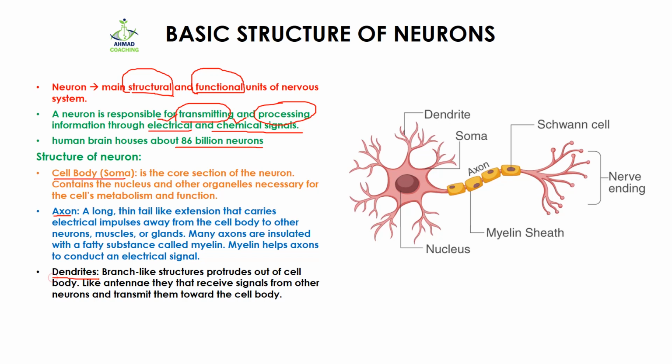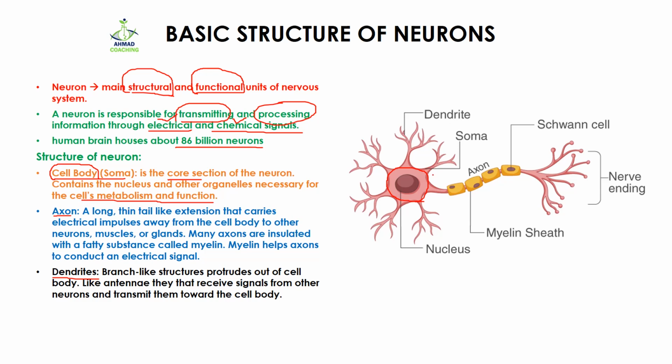Cell body or soma, as the name indicates, is the cell body. So it is the main or core section of the neuron. Here in this diagram you can see this part here. This is the soma or cell body. It contains the nucleus as well as other organelles which are necessary for cell metabolism as well as function.